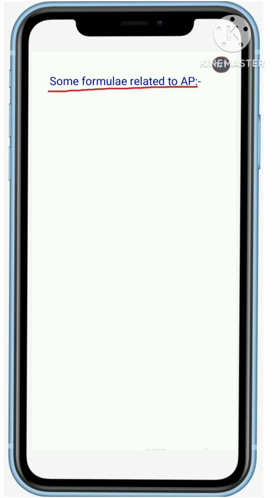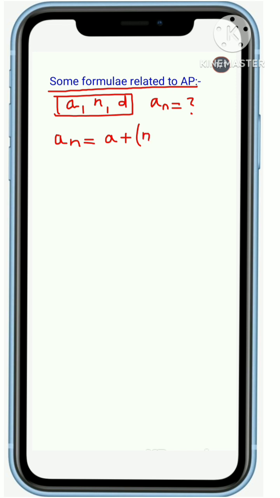Suppose you have been given A, N and D, then for finding the last term, that is AN, we have AN equal to A plus N minus 1 into D. This is the formula for finding AN, that is the last term, right?